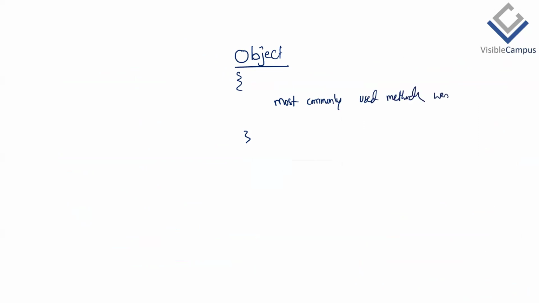One of such methods is the equals method. What's the purpose of this equals method in the Object class? To compare address only.